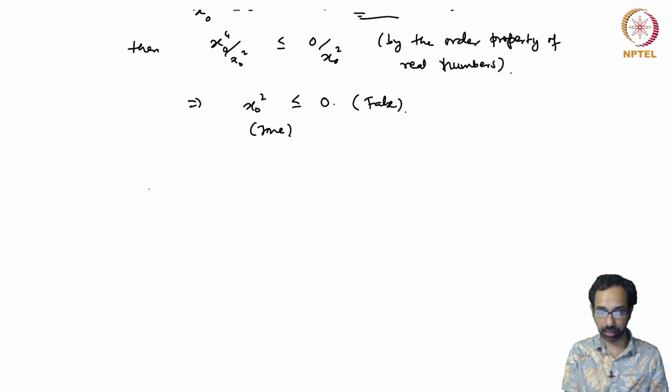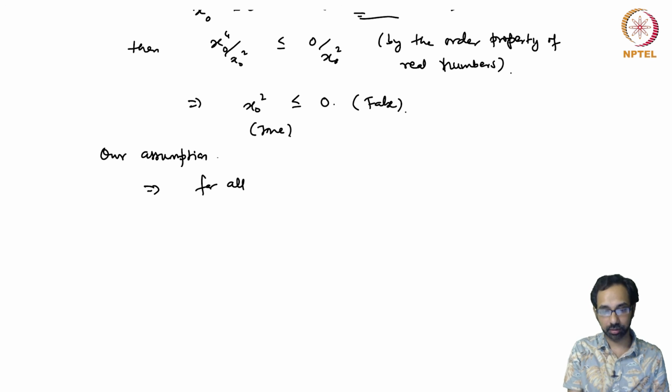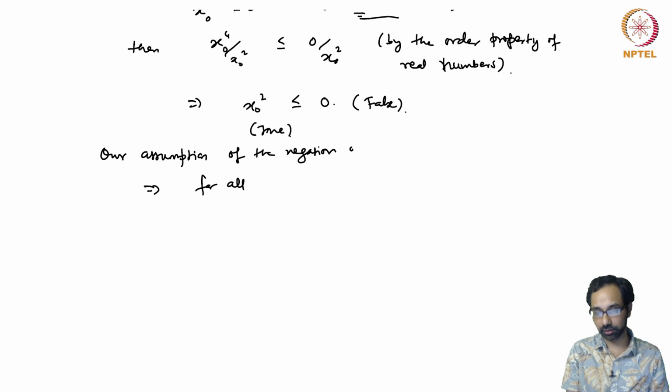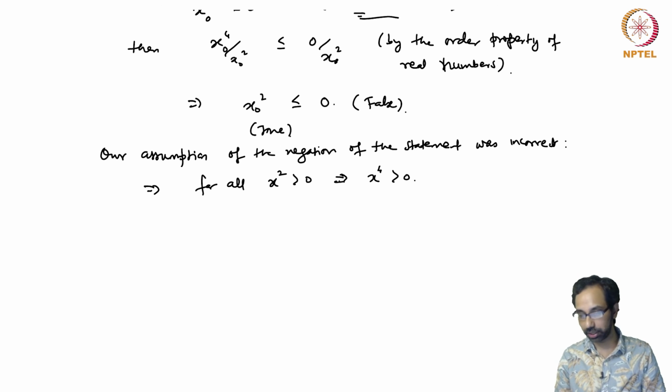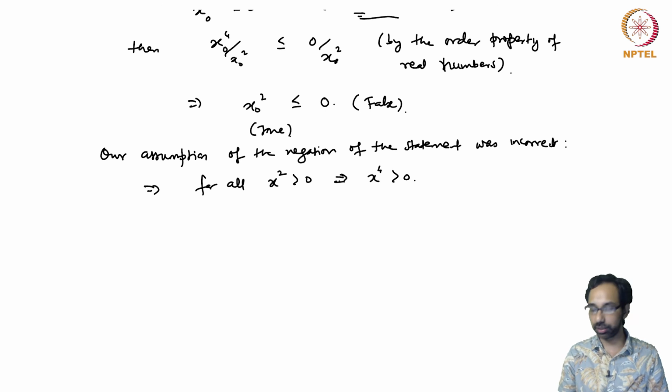So our assumption of the negation of the statement was incorrect. And this means that for all x square greater than 0, we have x to the power 4 greater than 0. So this is an example of a proof by contradiction, and something that we will use many times in this course.